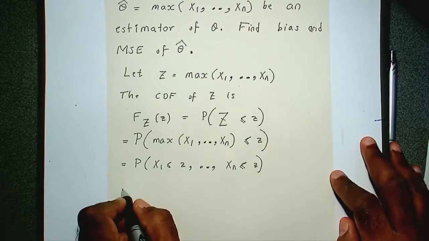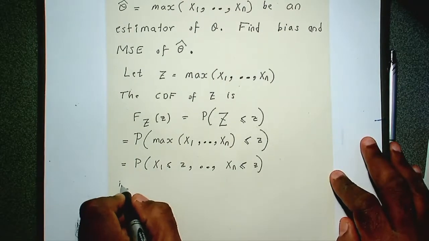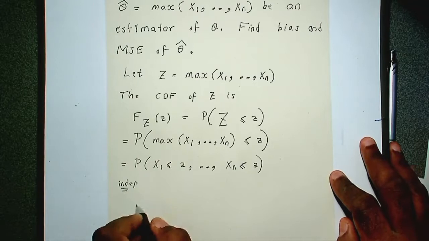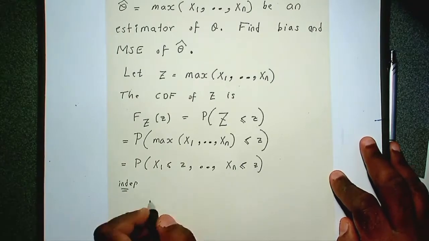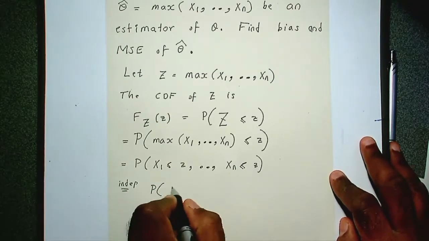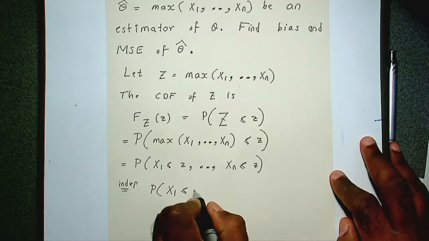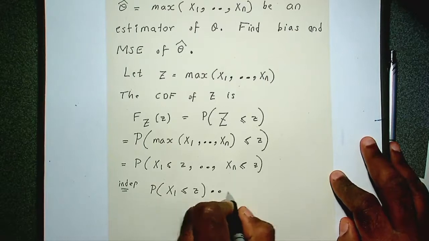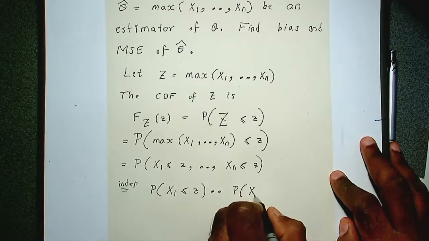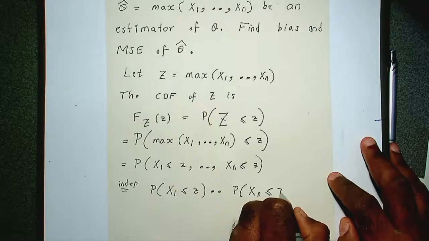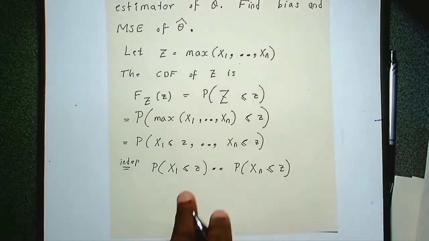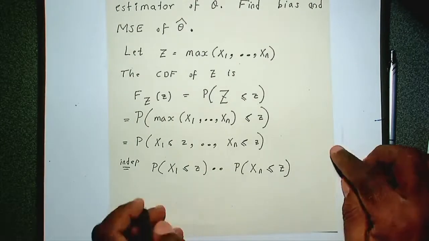Now, because we are assuming that x1 to xn are independent, you can write it like this using independence, right?